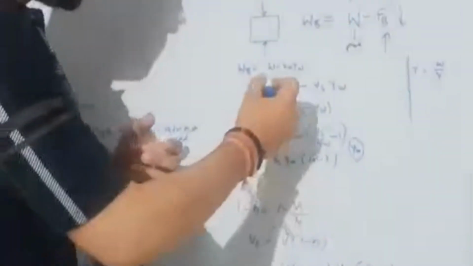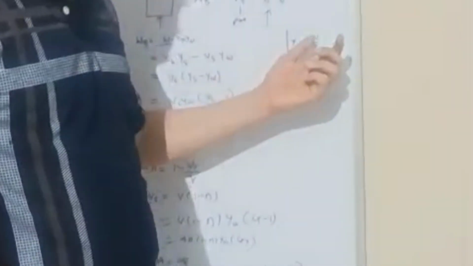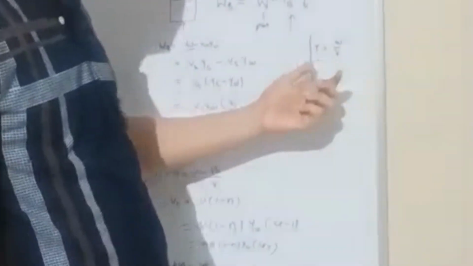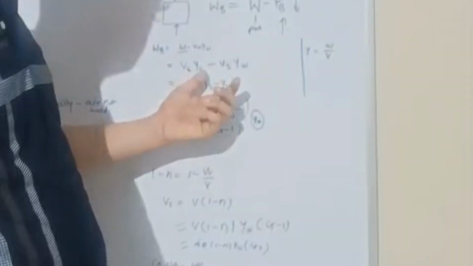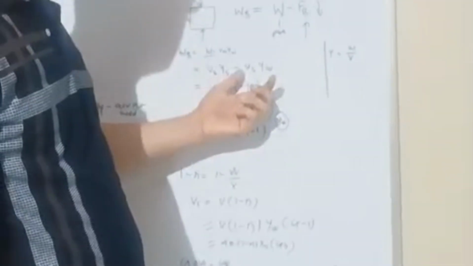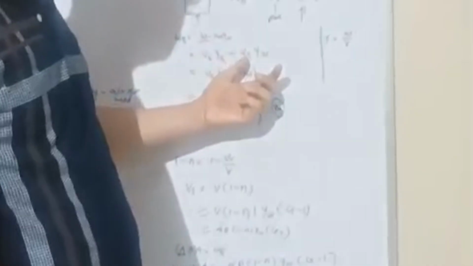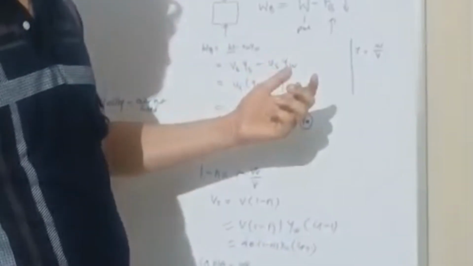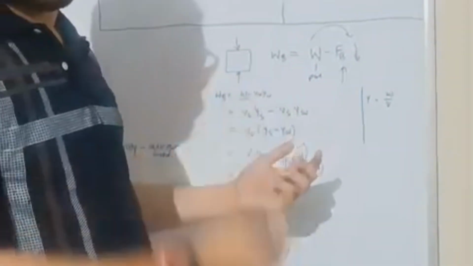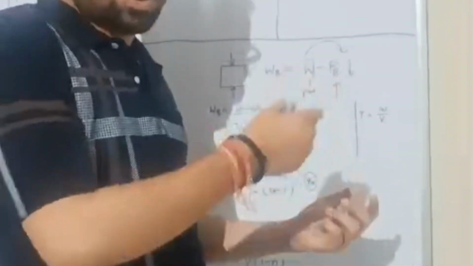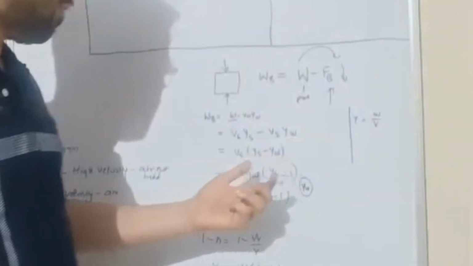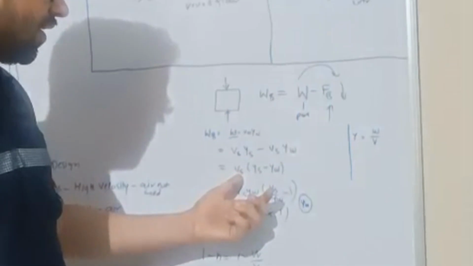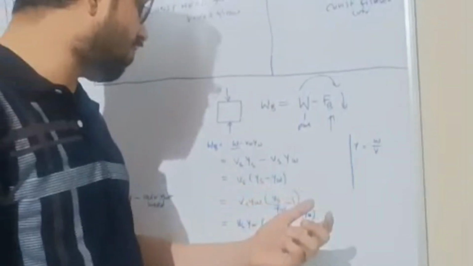So buoyant weight is the weight of the particle, which is the volume of solid times unit weight of solid, from the relation that unit weight is equal to weight upon volume, minus the weight of water displaced by the particle, volume of solid times unit weight of water. So volume of solid times (unit weight of solid minus unit weight of water).